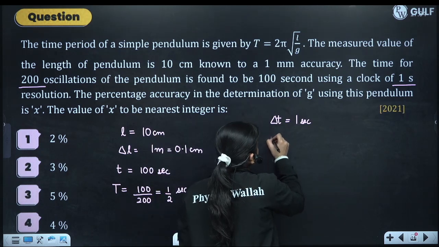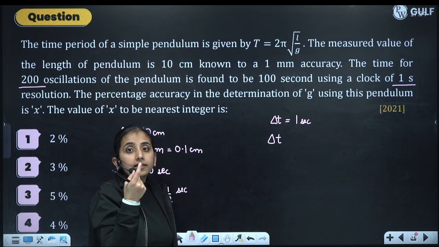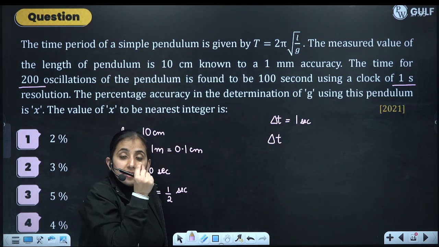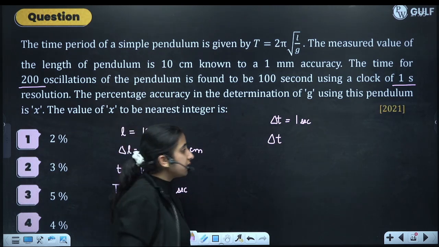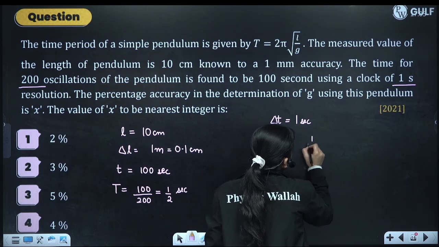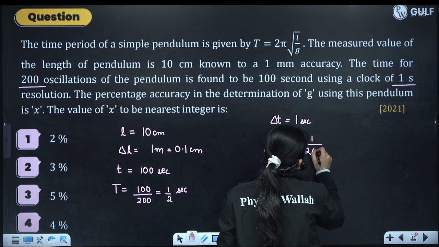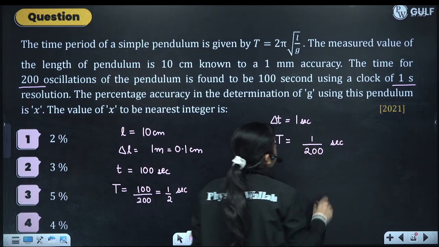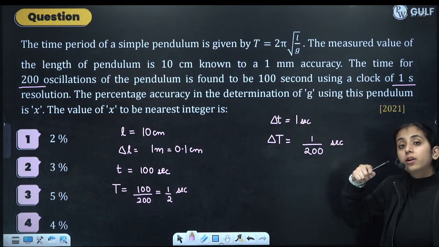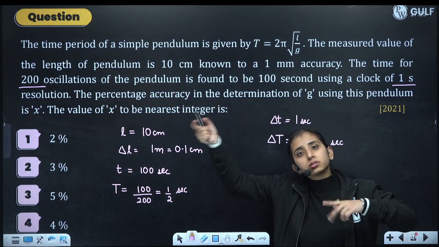Whatever error is introduced in total time t will be equal to the number of oscillations multiplied by the error introduced in every oscillation. So delta t will be 1 by 200 second. 1 second is the error in 100 seconds.